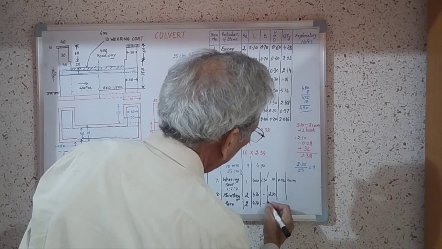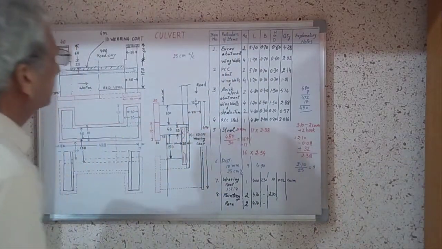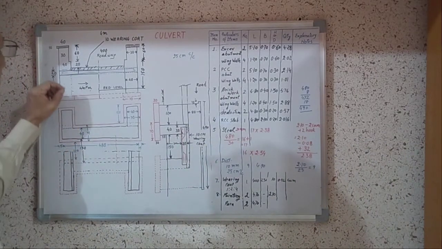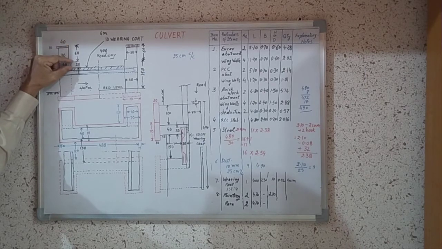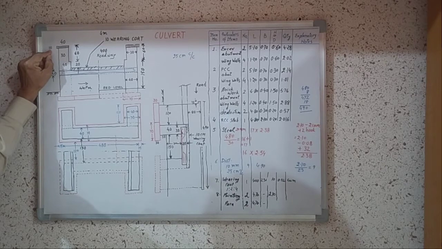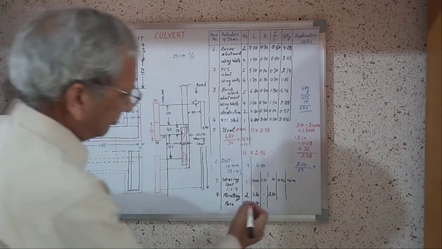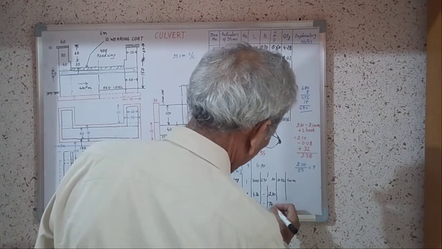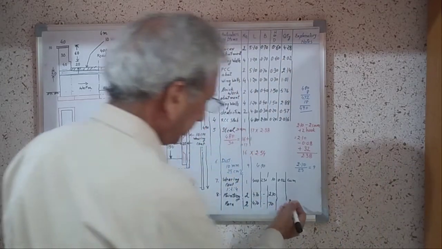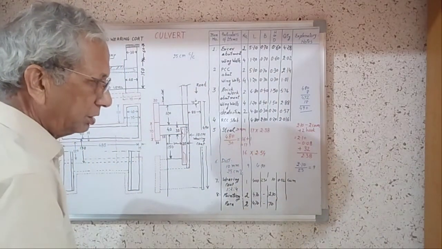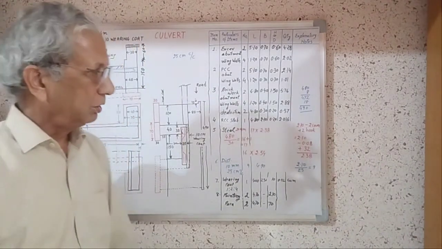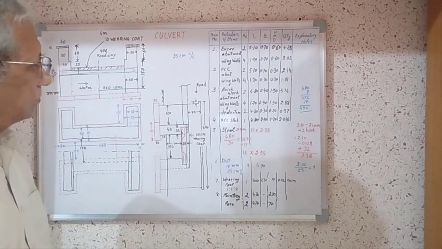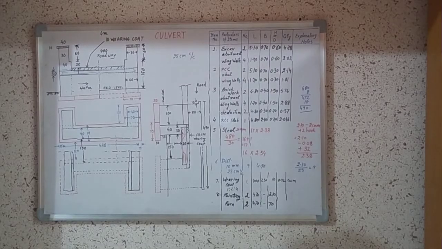Width will be 0, and height we will take this 60 plus 20, 80 minus 10, 70. Now quantity in square meter we can calculate.